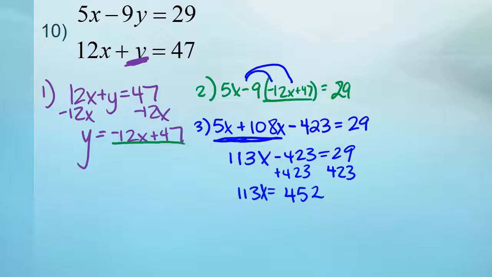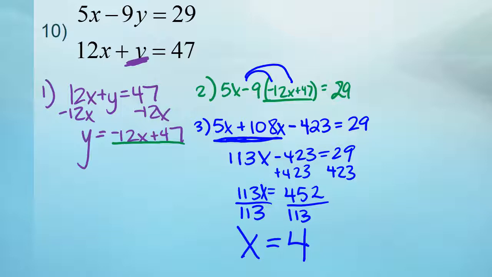Don't forget that x there. Last, to get x by itself, to isolate the x, we're going to divide both sides by 113. Kind of crazy numbers to look at, but we end up with a solution value of x equals 4. Easy answers. You should always get an easy answer on this particular worksheet.